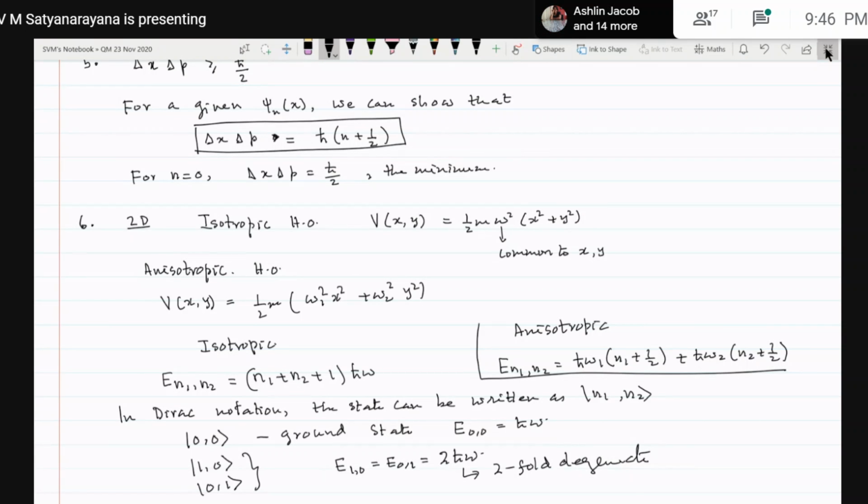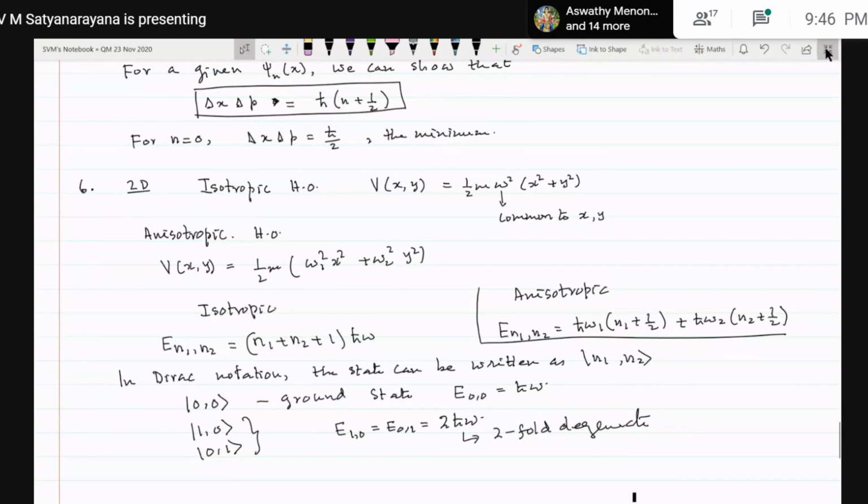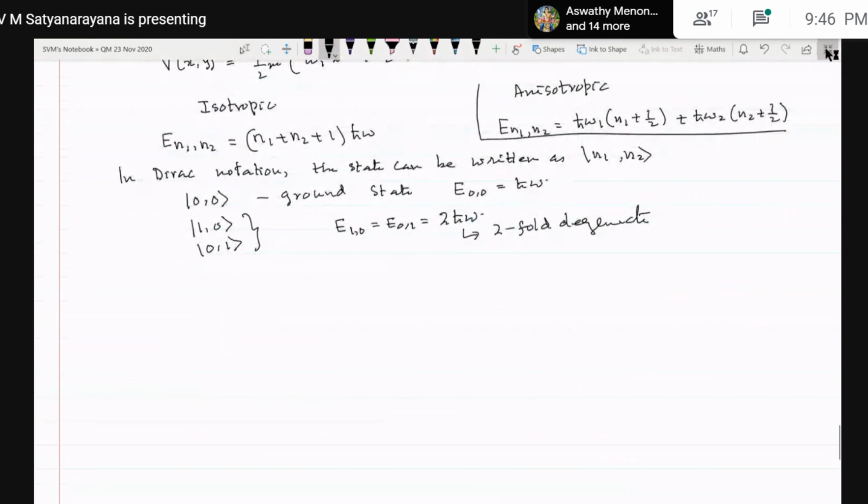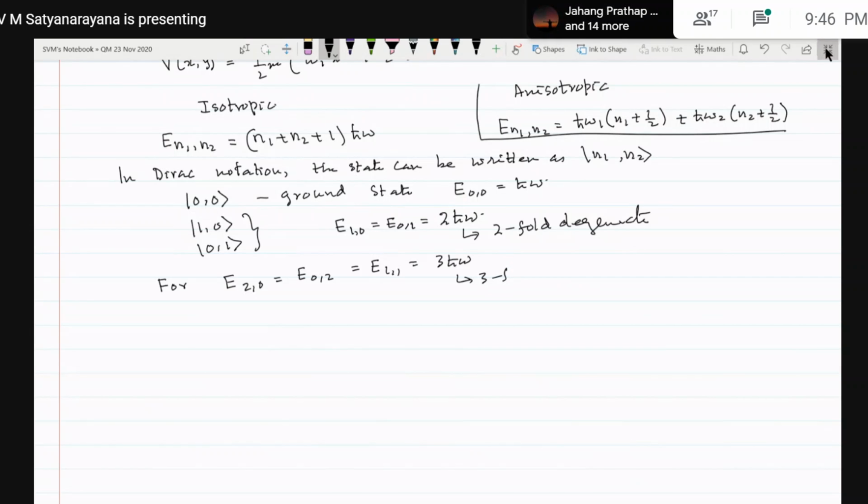Then in the next case, for 3 h cross omega, we have E20 is the same as E02, is the same as E1,1, which is equal to 3 h cross omega. So this is threefold degenerate.